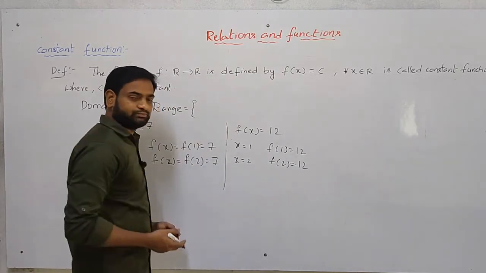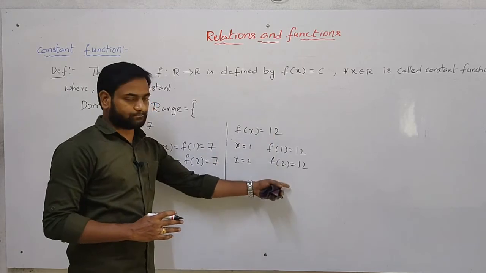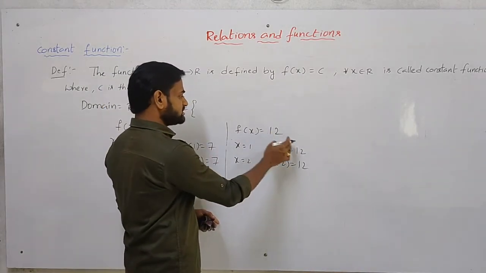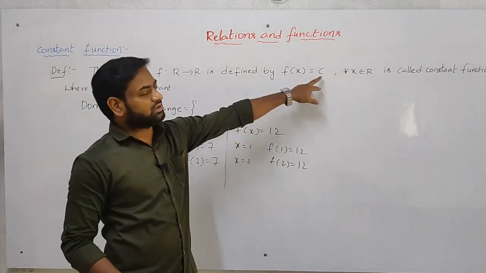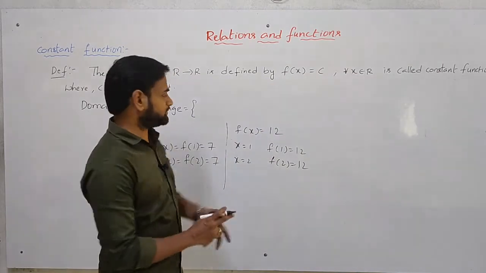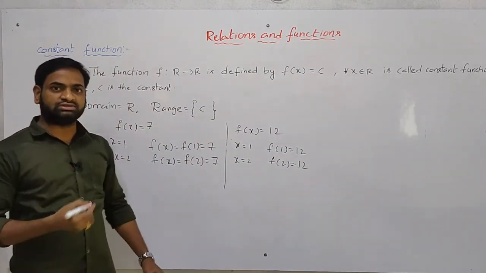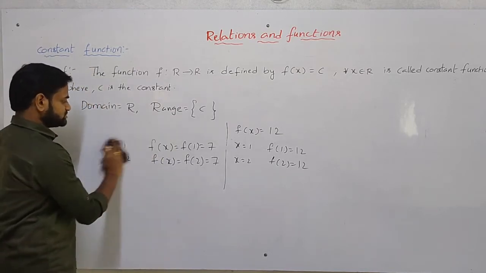You take any value, the function is always the same. So here the range is 12. Here it was 7. The constant may be anything. So that is the range.